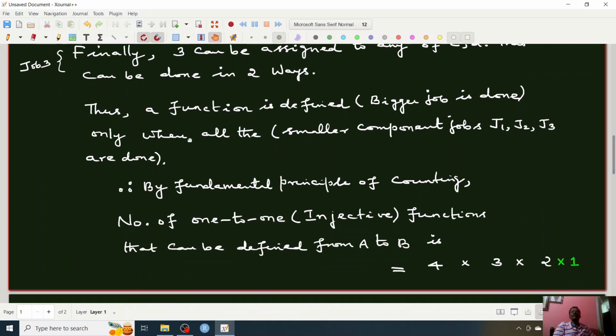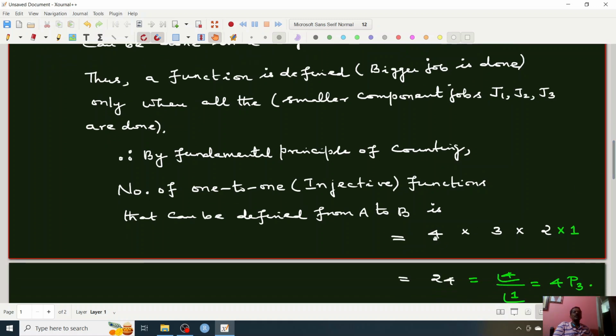Why we have introduced the concept of job is because the bigger job is considered to be done only when all the three smaller jobs are done. So by the fundamental principle of counting, the number of one-to-one or injective functions that can be defined from A to B is accomplished only when those three jobs are done.